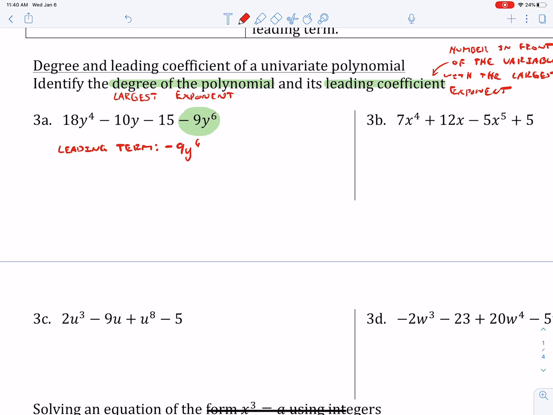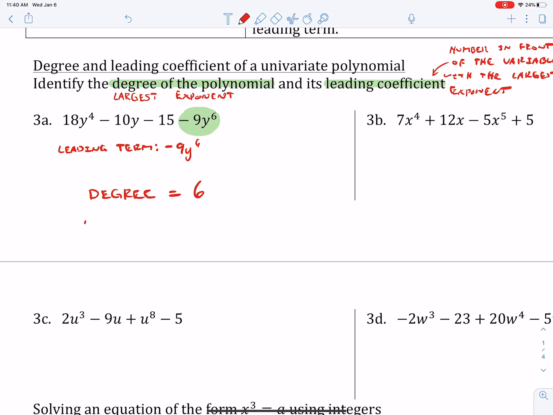So that's what we mean by leading term. Now, we want to be able to identify the degree. So here's where we're going to write our answer in our solution. Our degree is going to equal our exponent. Our exponent is 6, so that's our degree.